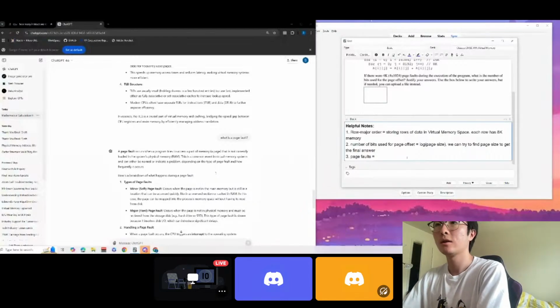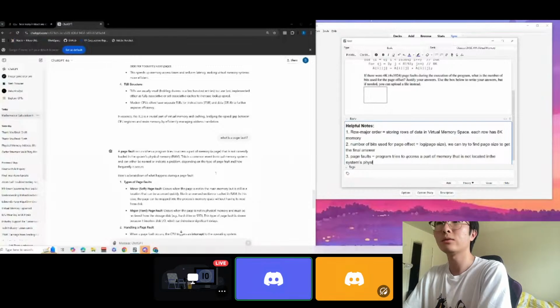Okay, so the program tries to access part of memory that is not located in the system's physical memory, so RAM.